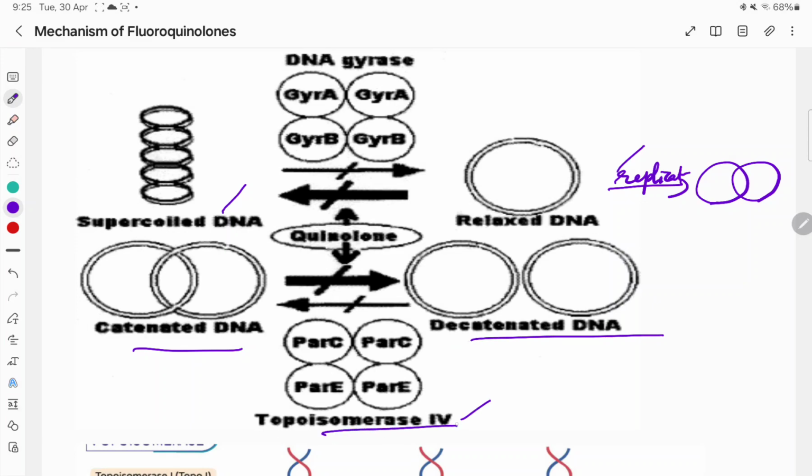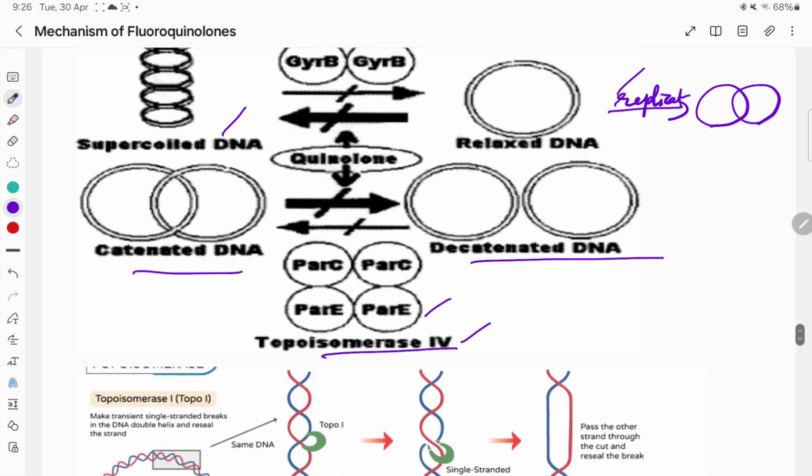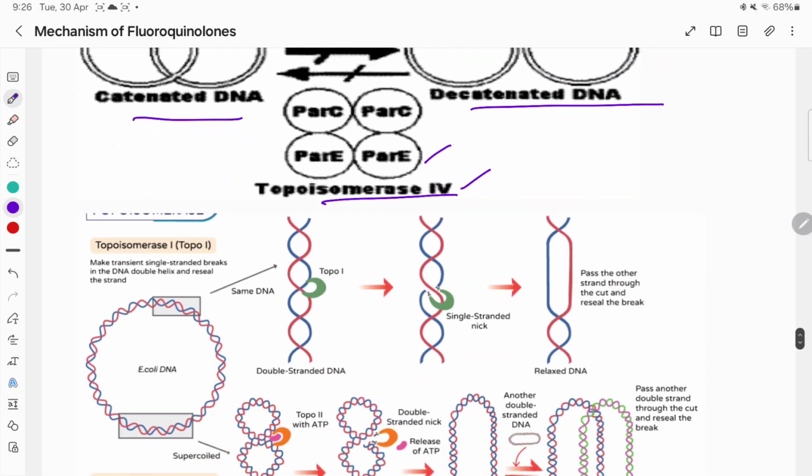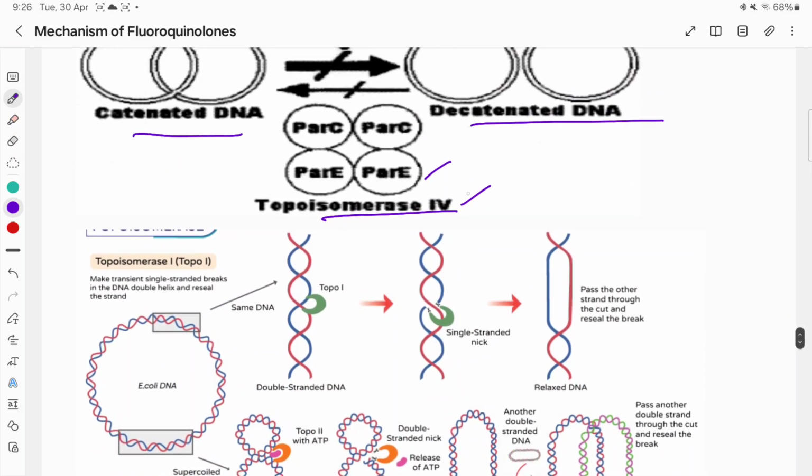This topoisomerase 4 is encoded by 4 genes, 2 parC and 2 parE. So topoisomerase 4 has 4 parts, 2 parC and 2 parE.